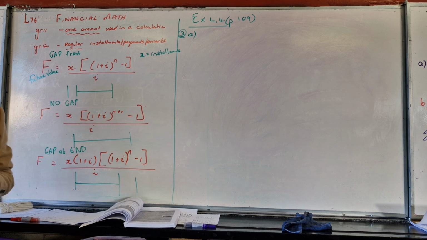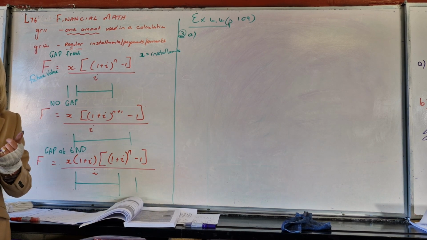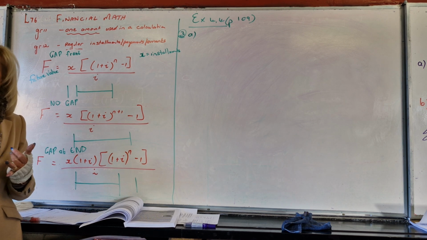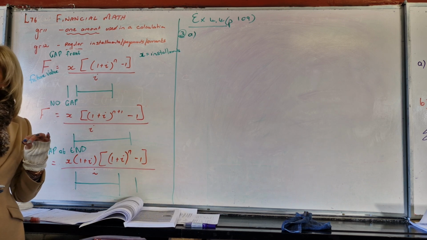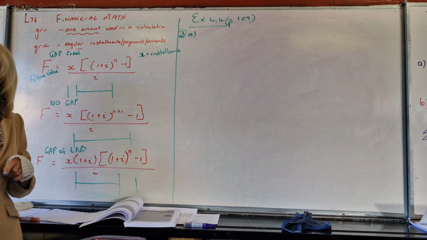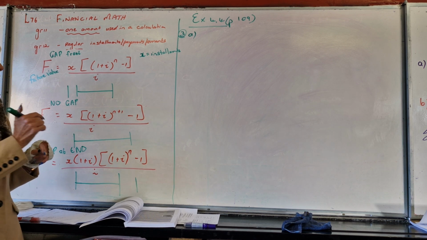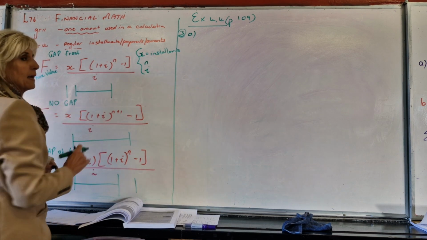Your I and your N, everybody's happy on that, you still know it from forever. I is going to be your interest rate, and it depends on the interest rate whether it's done monthly, yearly, biannually, quarterly, whatever the case may be, you're going to change into that. And N then also has to go hand in hand. Now in the sums, N and I and X are all going to be hand in hand.